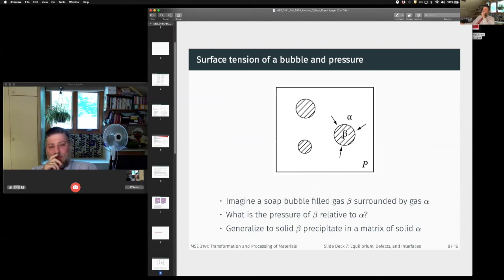Well, what's the pressure inside this bubble relative to the atmospheric pressure of alpha, right? Well, of course, we have a surface tension here, right? So this surface tension is pulling, right, and compressing beta. So that means the pressure of beta is going to be higher than the pressure of alpha.